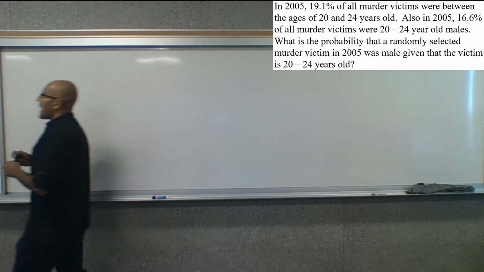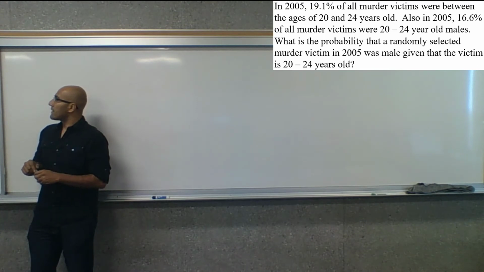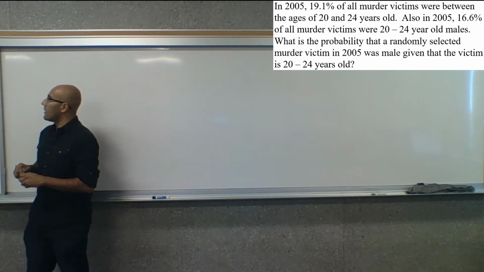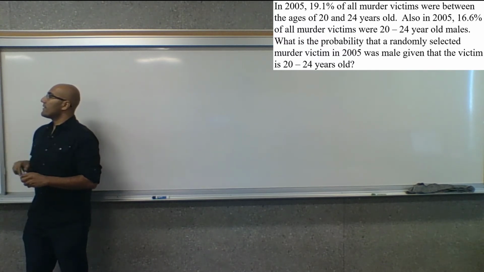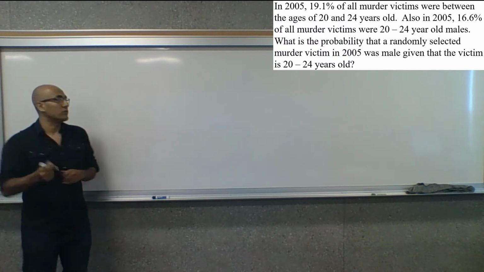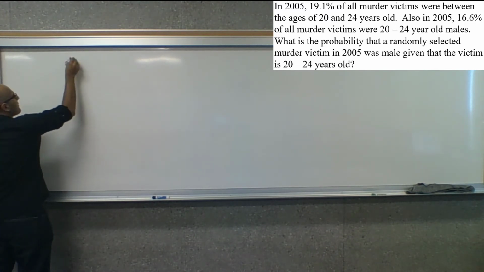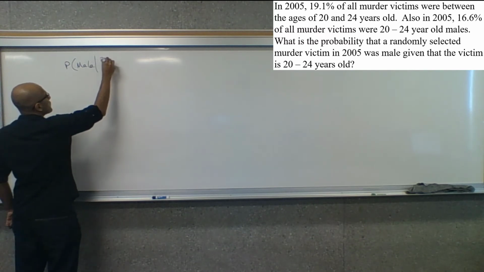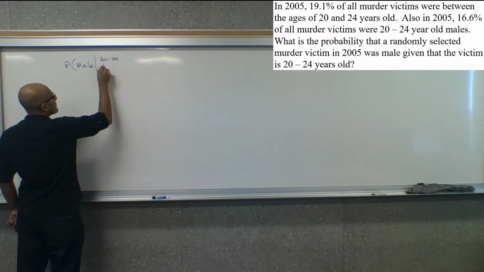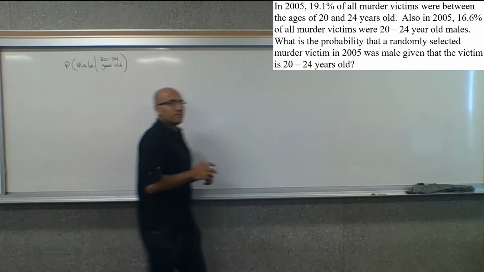So what are they actually asking? They're asking us to find the probability that a randomly selected murder victim in 2005 was male, given that the victim is 20 to 24 years old. That's what we're after, right?